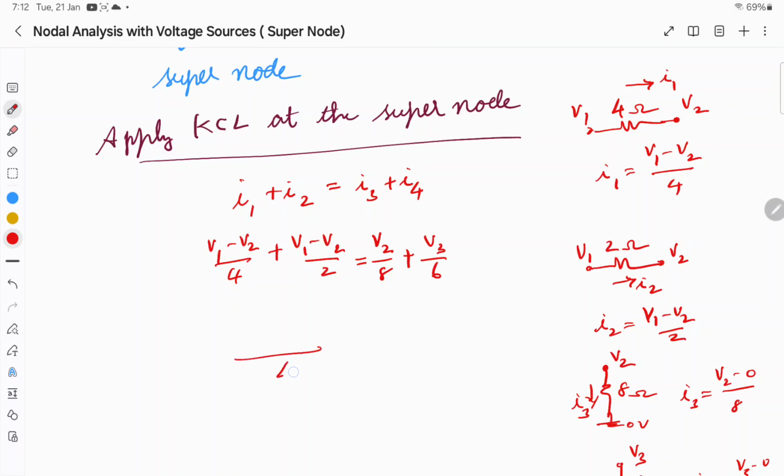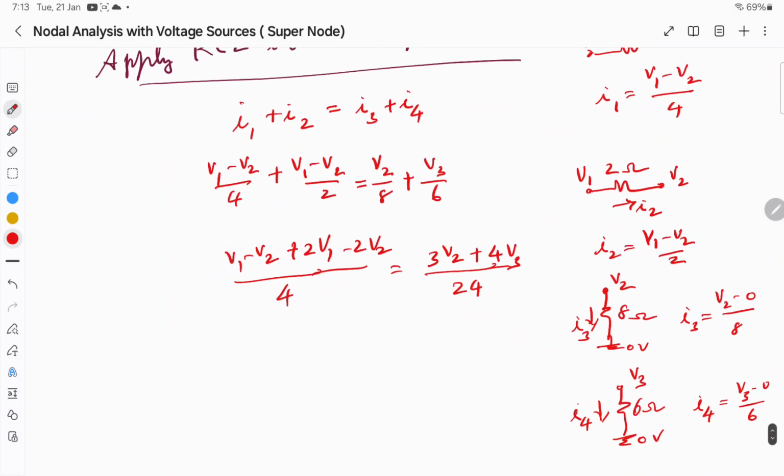So this side it would be 4 V1 minus V2 plus 2V1 minus 2V2 equal to, the LCM would be like 24. So it is 3V2 plus 4V3, this 24.